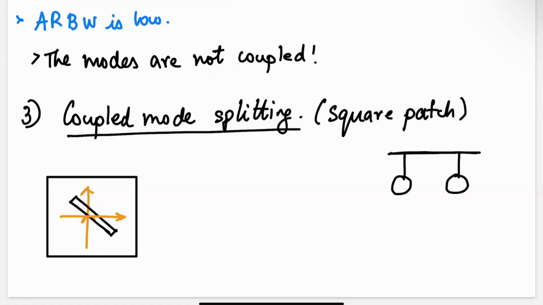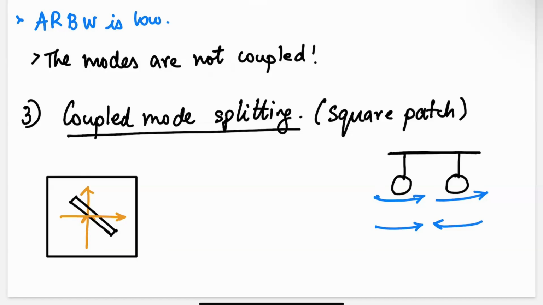One is an in-phase resonance, where this one is going this way and this one is going this way, so they go back and forth together like that. And the other mode is an out-of-phase, an anti-phase resonance, where when this one is going this way, this one goes the opposite way, so they go back and forth symmetrically.